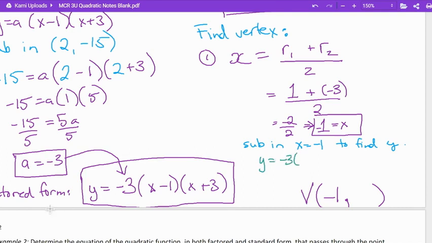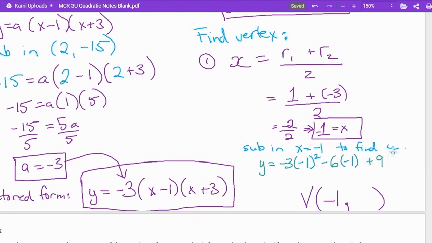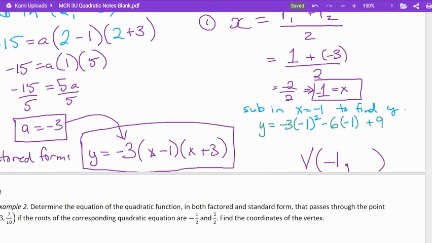Wherever we have an x, I'm subbing in -1. I make sure I square it if that's what I need to do. -6 times -1. And this one, I will do all this arithmetic in one step. So I've got -3 plus 6 plus 9. That gets me to 12.